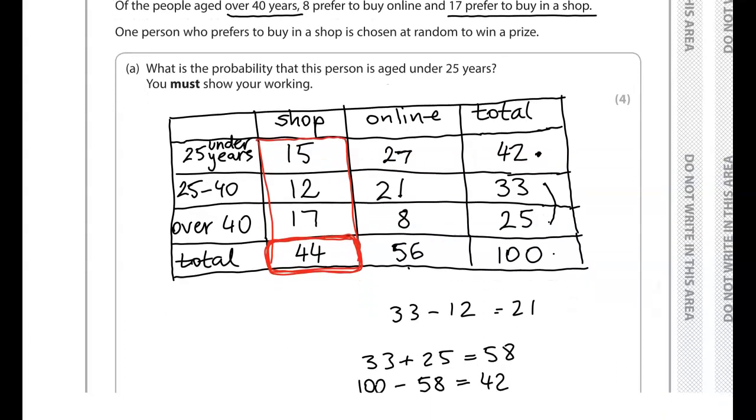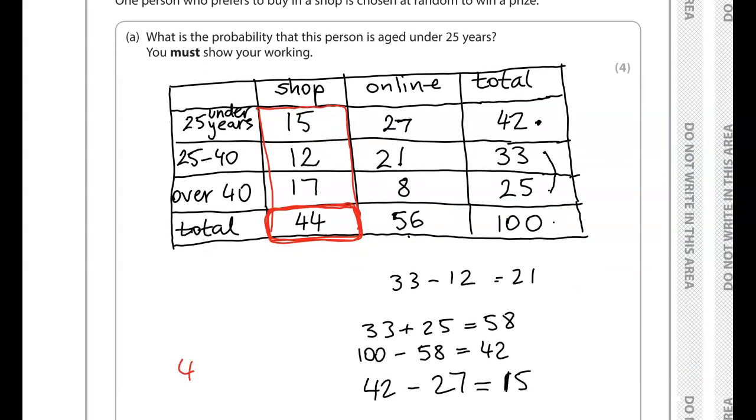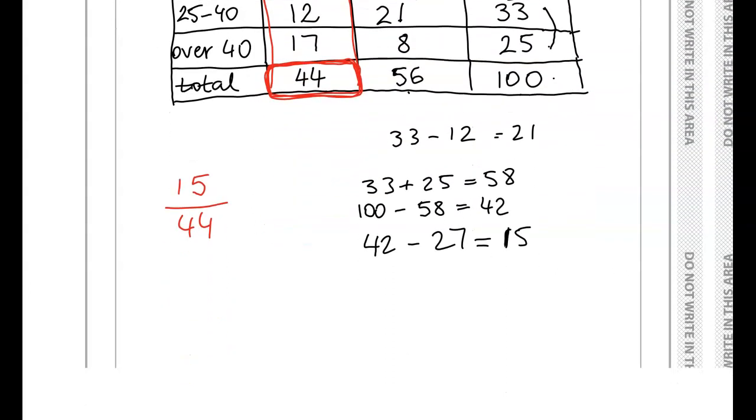So out of 44, because the question is, what's the probability that this person is aged under 25 years? That is 15 of them. So 15 44ths. And that's the answer.